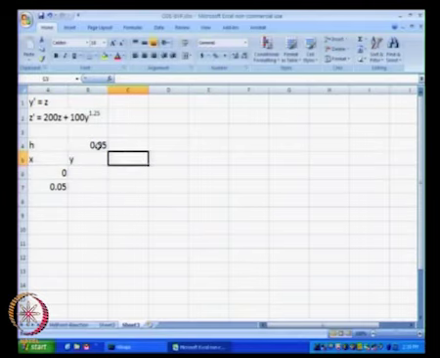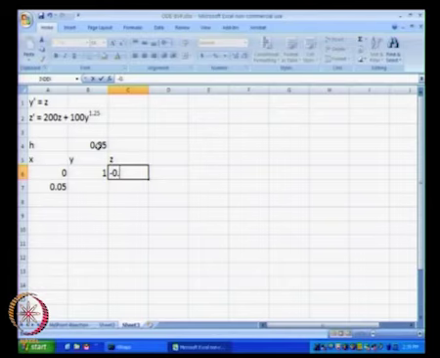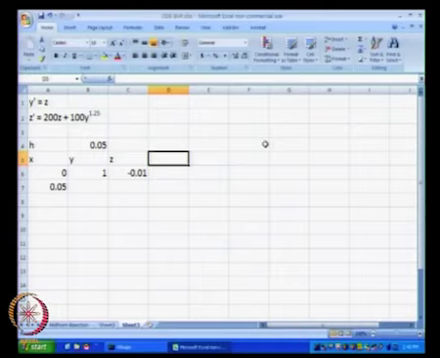Now we require y and we require z. Y is known to us, the initial y is 1, let us say initial z is going to be minus 0.01, that is what z we are going to start off with, okay.